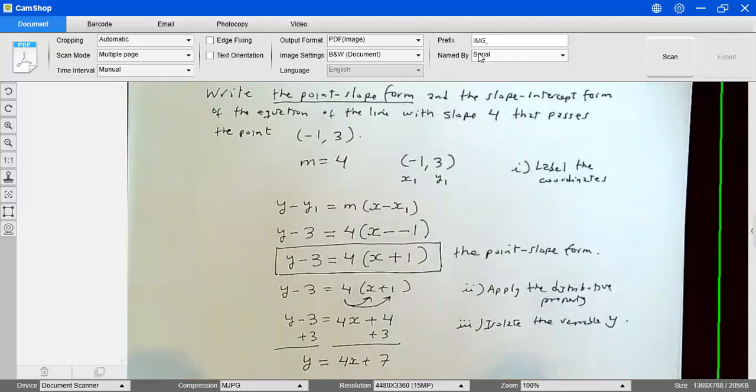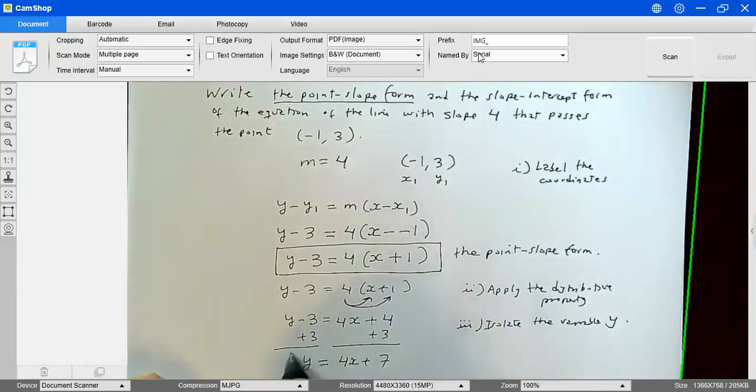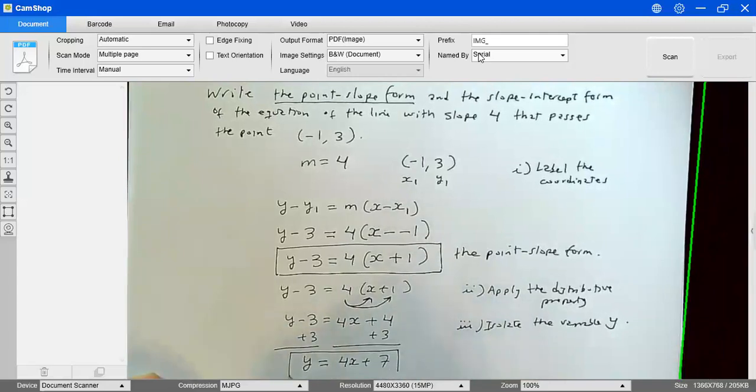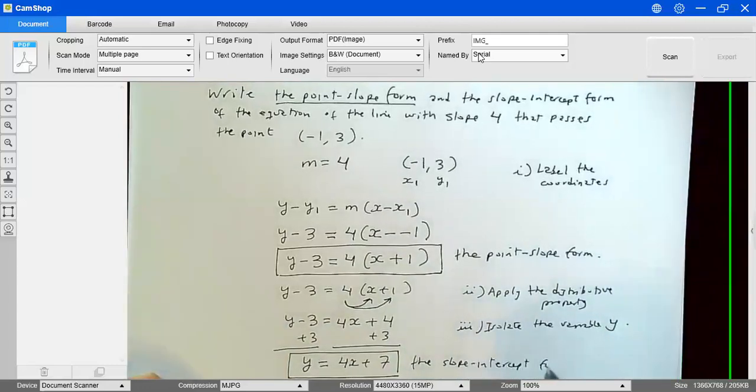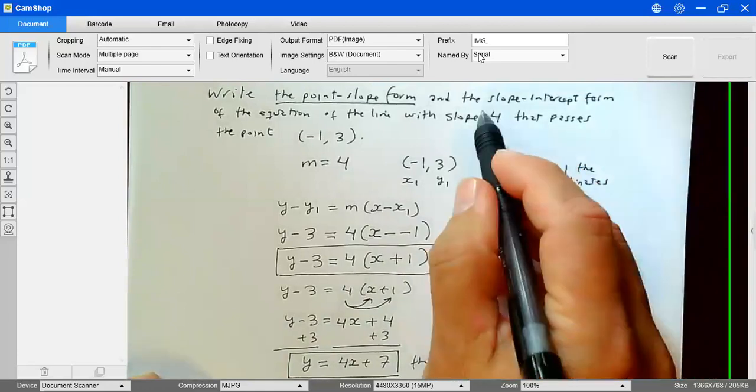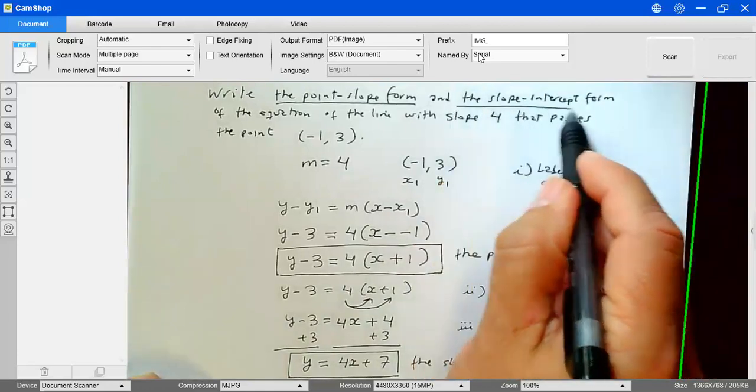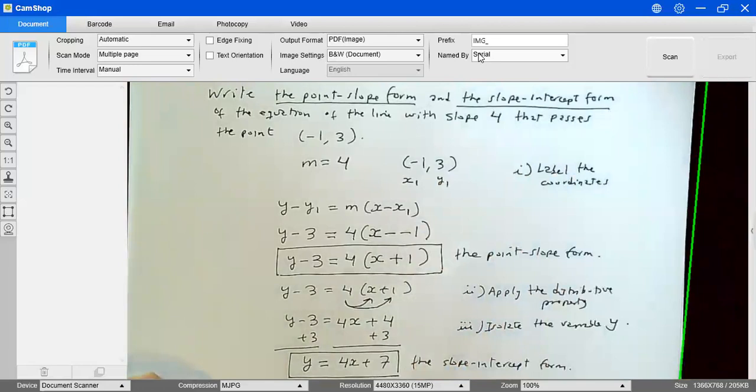That's the other form that we were required to find. Now that you have the equation in this form, then you can plot it. You just have your slope written as a fraction, so it's going to be 4/1.